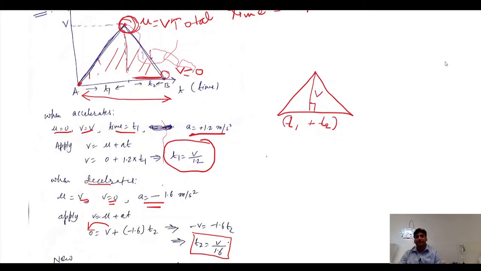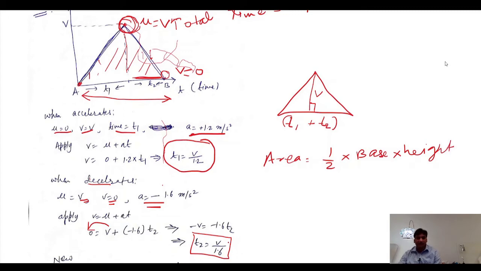Then we will apply the area of the triangle, which is half times base times height.